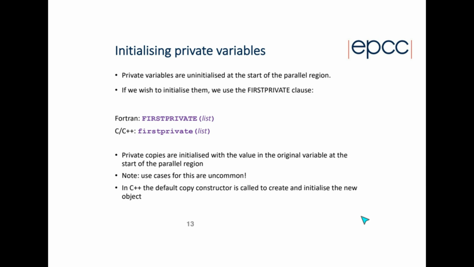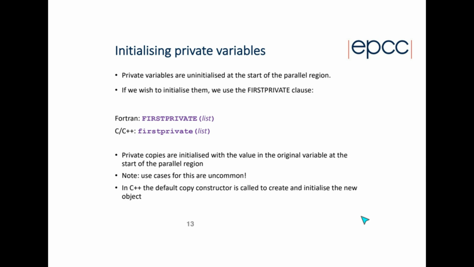If we want an initial value in them, and the natural thing to do is initialize them with the value that variable has at the moment where the parallel region begins, then we can use firstprivate instead of private. This is an alternative to private. We can specify variables as firstprivate, and then the private copies will be initialized with the value in the original variable as it was at the start of the parallel region.